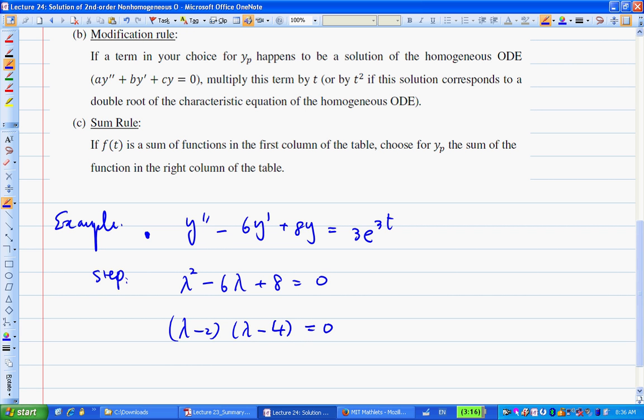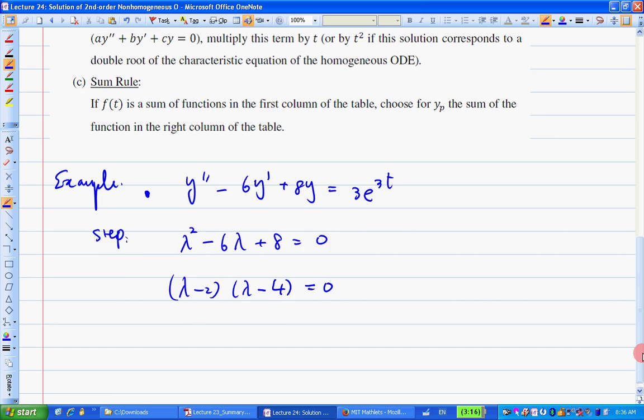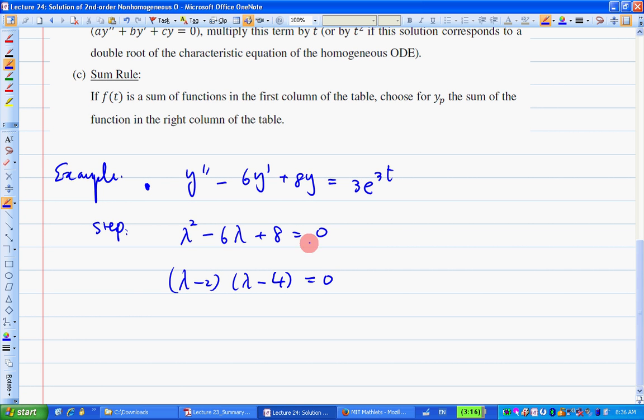One of the common mistakes I have seen, a very dangerous mistake, is people get the wrong lambda right from the beginning. If you get the wrong lambda, the whole thing will be wrong. So make sure you get the lambda right.